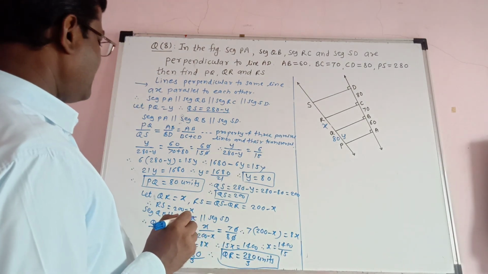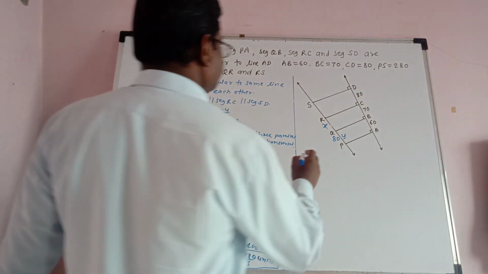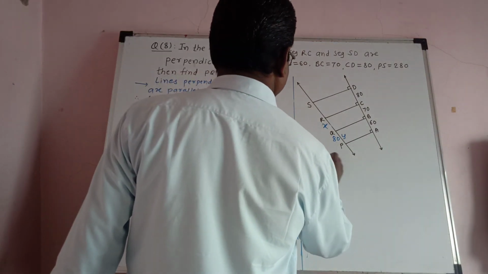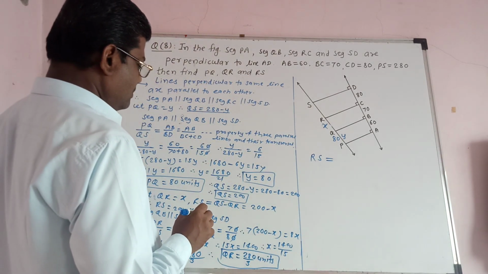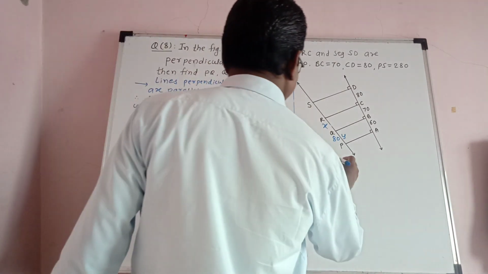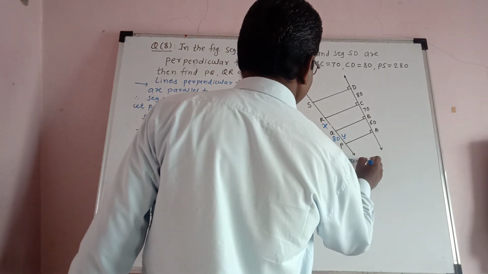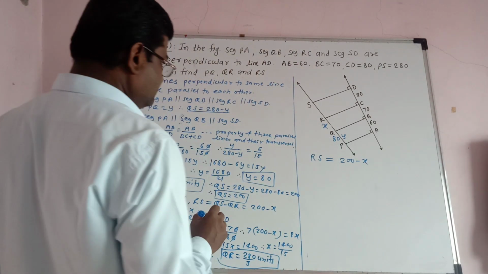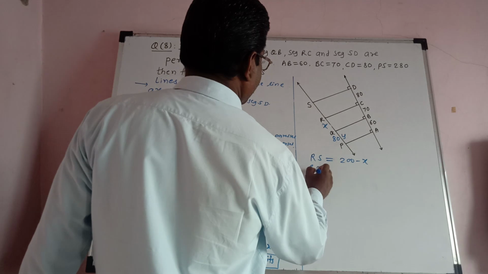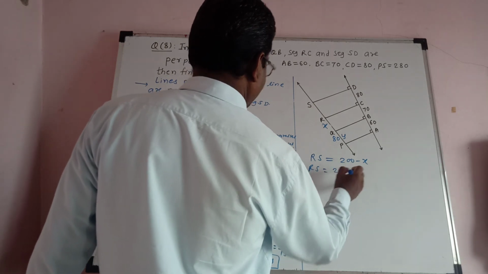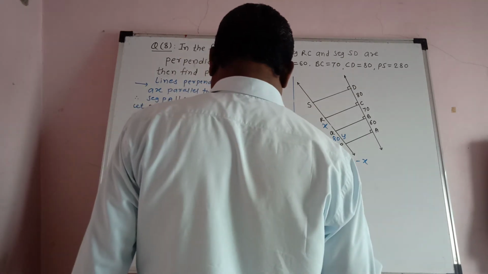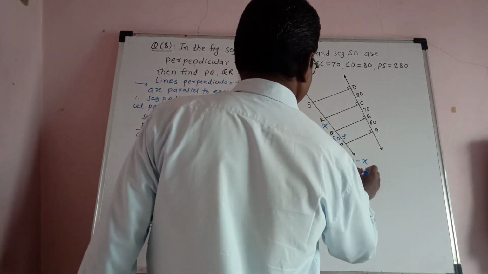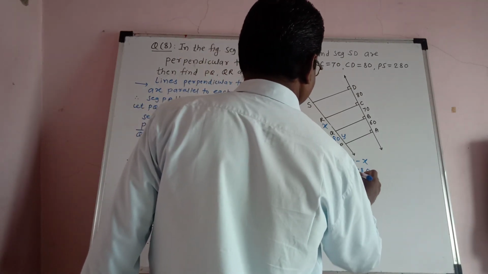Now let us find RS. RS is equal to QS minus QR, that is 200 minus x. Therefore RS is equal to 200 minus 280 upon 3.